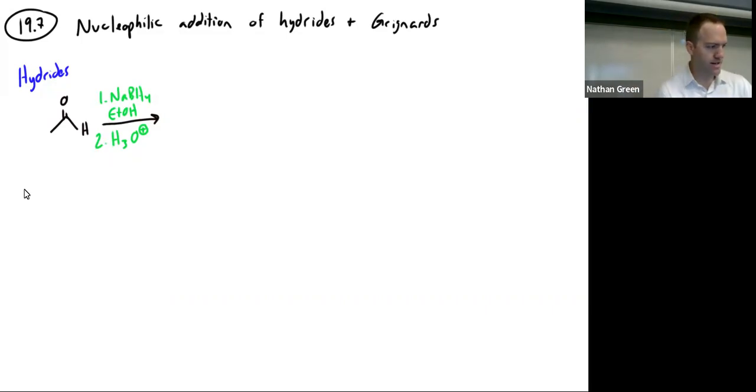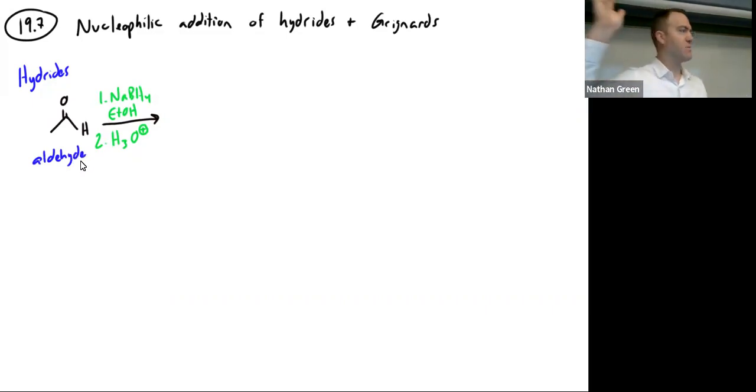This is an aldehyde. What is my product? Oh man, we can name everything. What's the name of this aldehyde? This would be ethanal, but as a common name, does anybody remember the common name of ethanal?